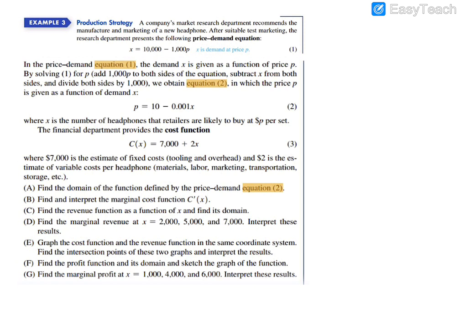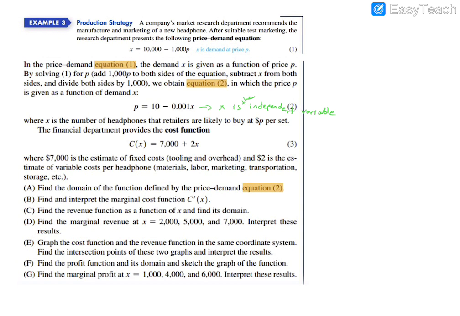I will share the solution from your textbook, but basically what we need here is that x is the independent variable. So we should find the domain for x.